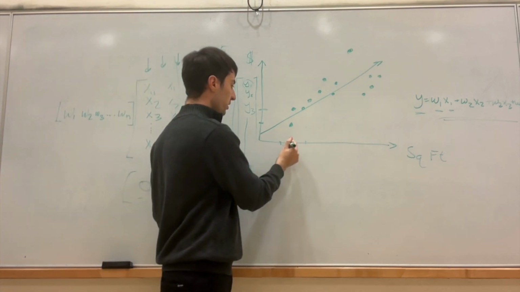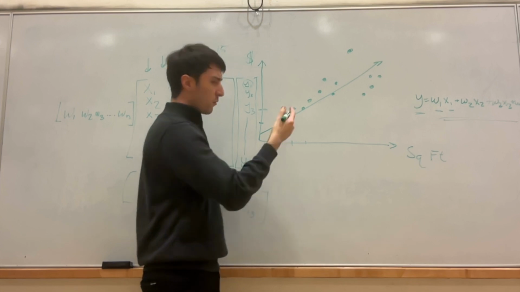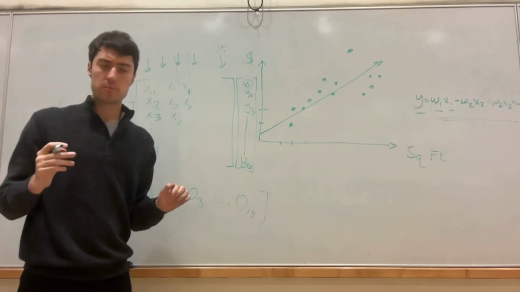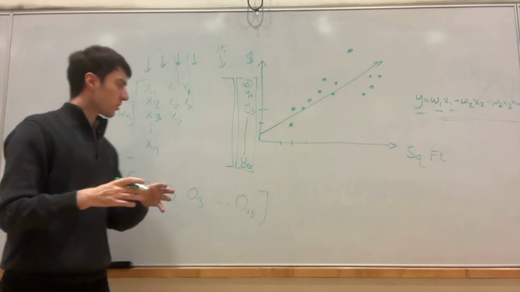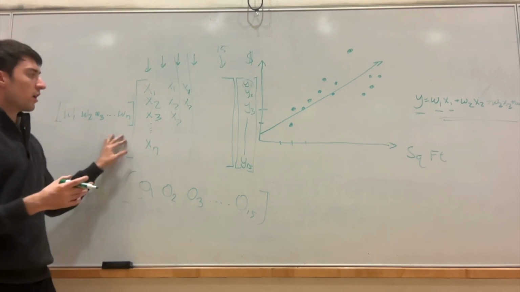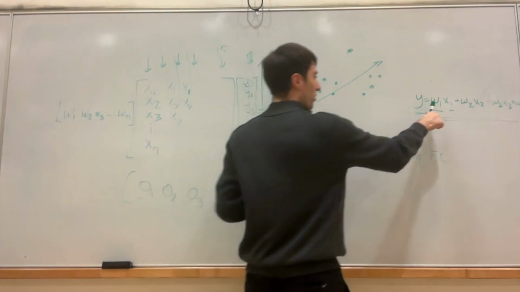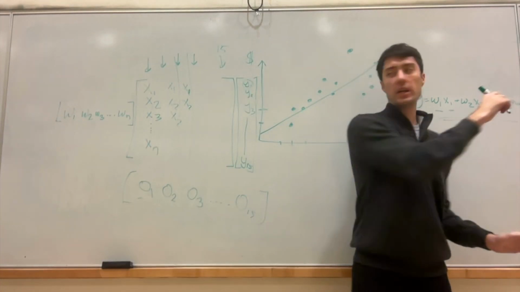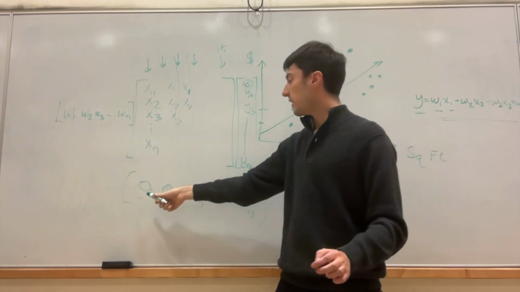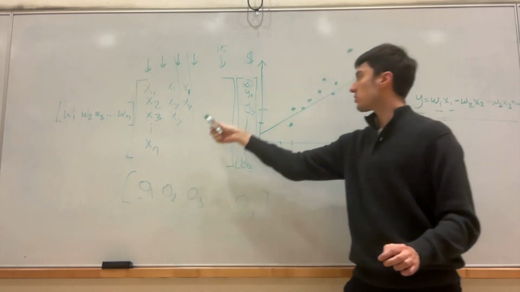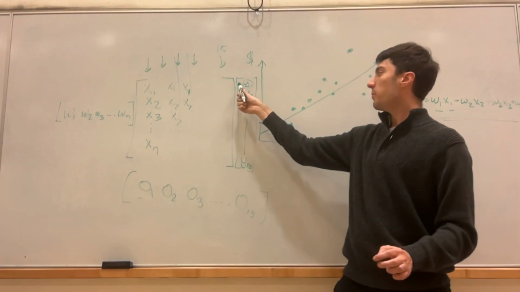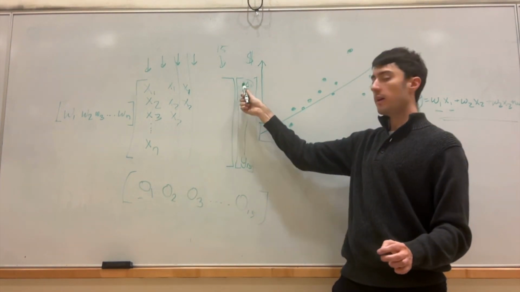If I plug in this input, I really want my model to be very close to the actual output. In the next video, we're going to talk about error and how you actually do that. But the only thing that you're allowed to adjust is your weight parameters: weight 1, weight 2, weight 3. You can adjust these, and you're trying to get your output to be as close to the actual output as you can.